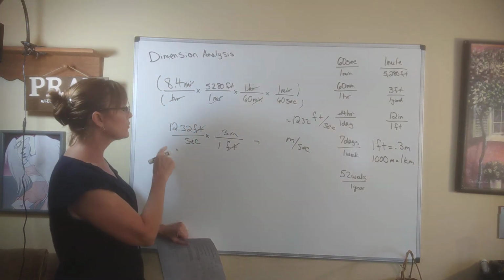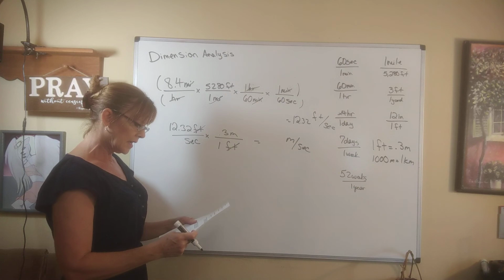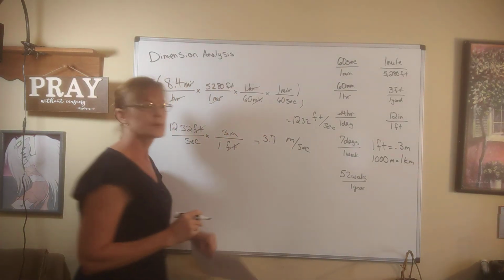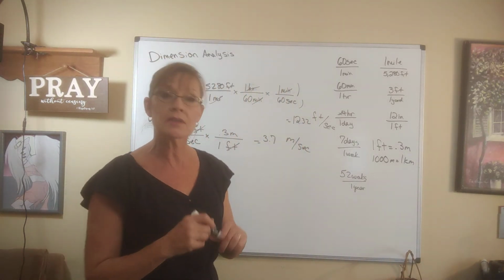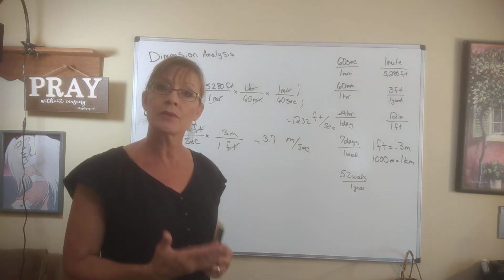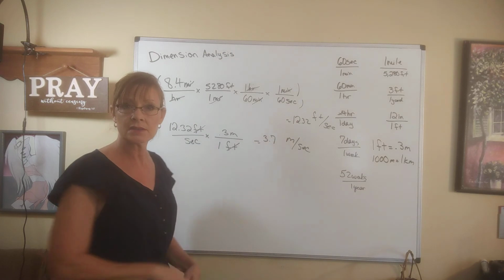So 12.32 times 0.3 divided by 1 basically gives me 3.7 meters per second. So what I want to really emphasize is that if you include your units, it tells you if you make a mistake. It tells you if you're doing it right, because you can watch it cancel as you go. This is called dimensional analysis.